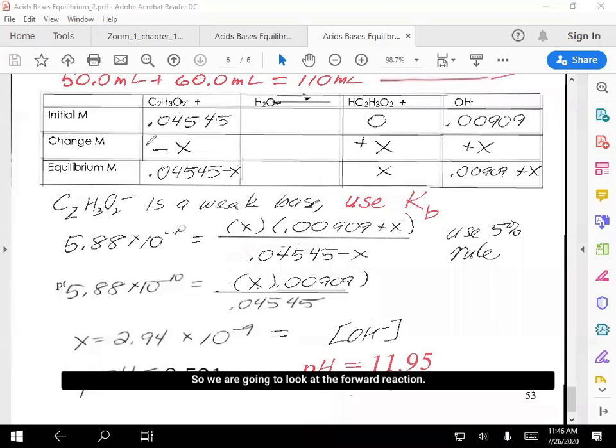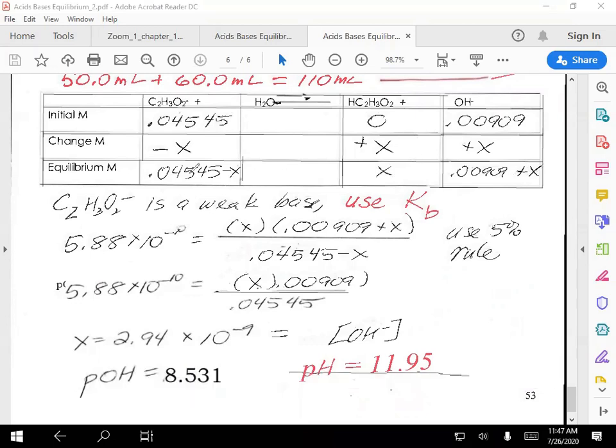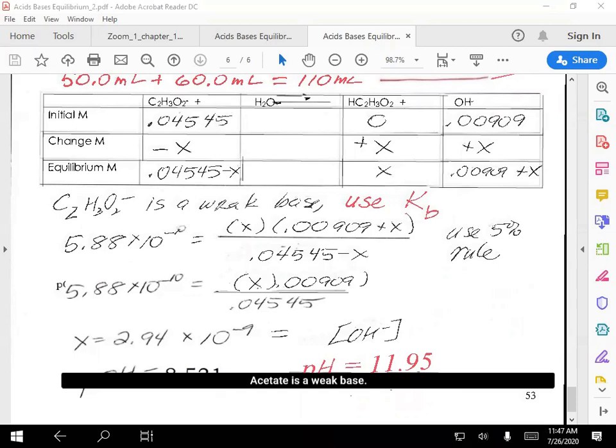So we are going to look at the forward reaction. So we have a minus X, plus X, plus X. We subtract the X to get our equilibrium for the acetate. We add the X, we add the X. Acetate is a weak base.